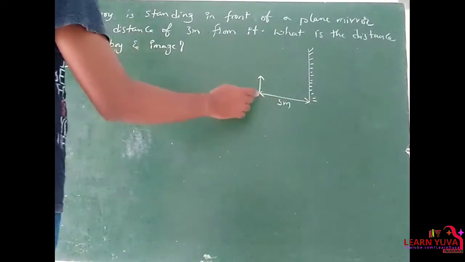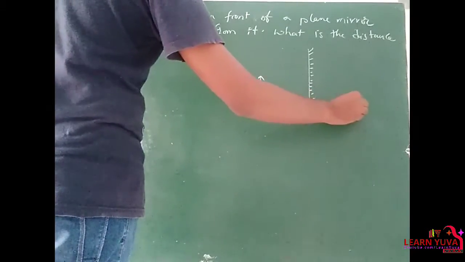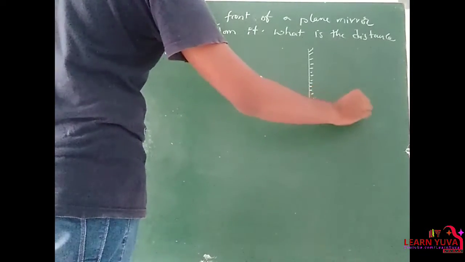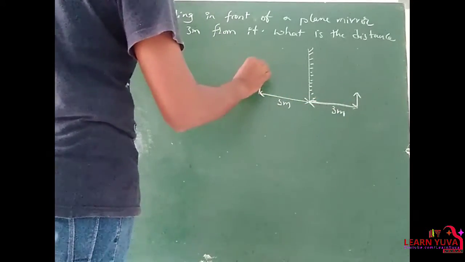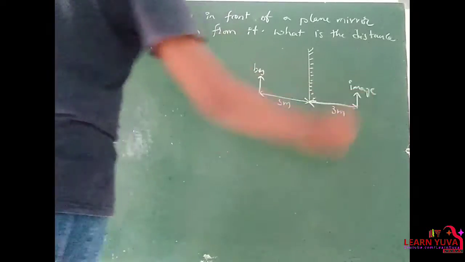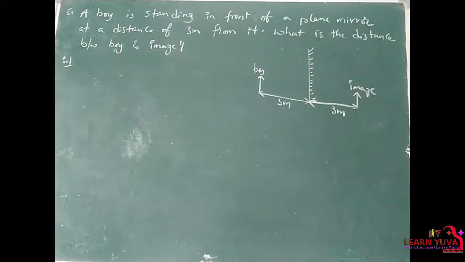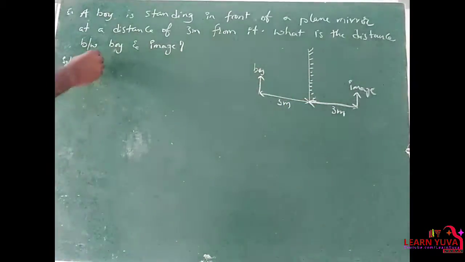From mirror to object, the boy, the distance is 3 meters. Then mirror to image, the distance is also 3 meters. It is the boy and it is the image. What is the distance between boy and image?